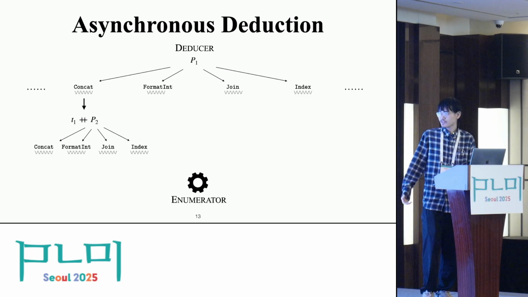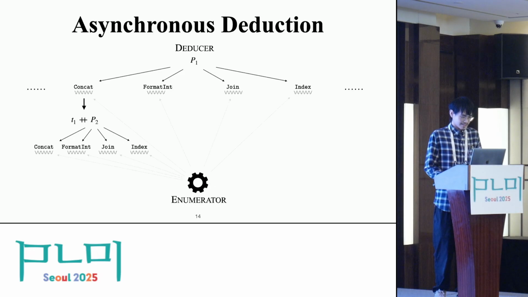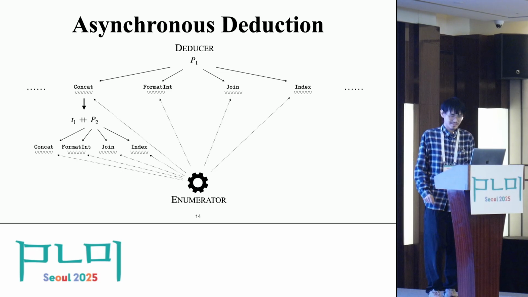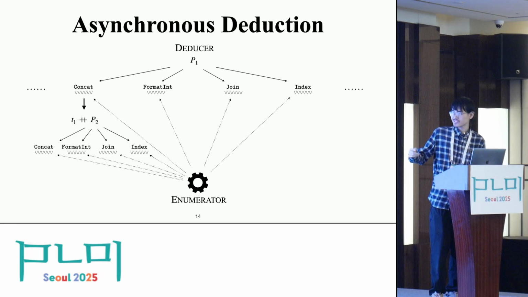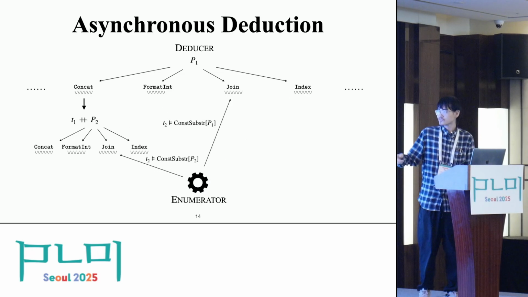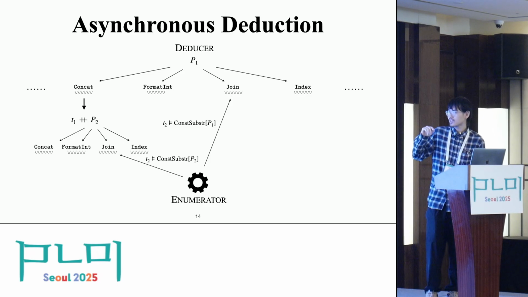Similarly for problem P2, we can also deduce it with a lot of different operators. We again take all these possibilities to the enumerator and try to use enumeration to get some hints. This time we found another expression, T2, which is a constant and a substring of both P1 and P2.